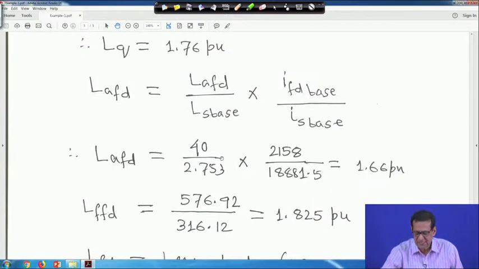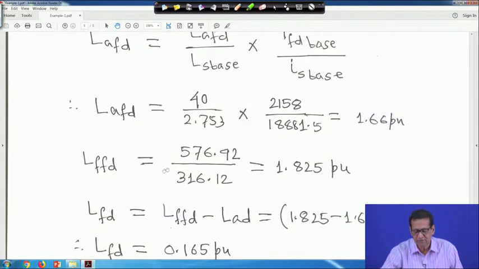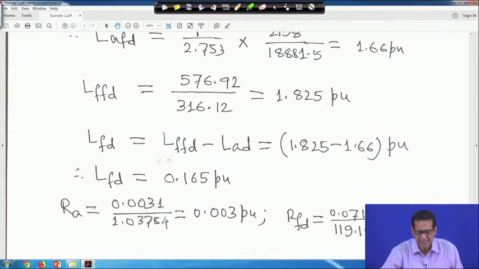Similarly LFFD is 576.92 divided by 316.12, that is 1.825. So just using those formulas you can easily get all these things. Similarly LFD is equal to LFFD minus LAD, which is 1.825 minus 1.66. So LFD is coming around 0.165 per unit.